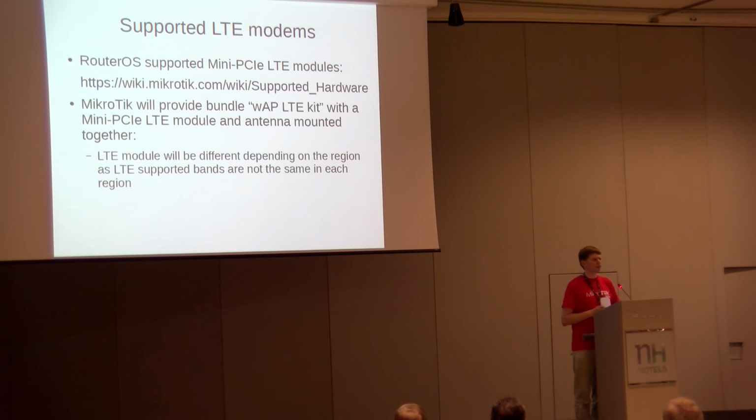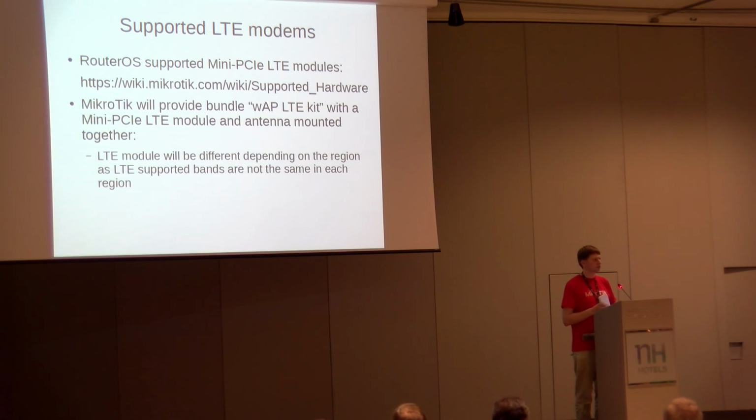And since there are different countries, different regions like US, EU, Asia, Australia, in each of those different countries there are different LTE bands. It's very hard and very expensive to make universal LTE modems that support everything, as it would be very expensive to make and take a lot of space.